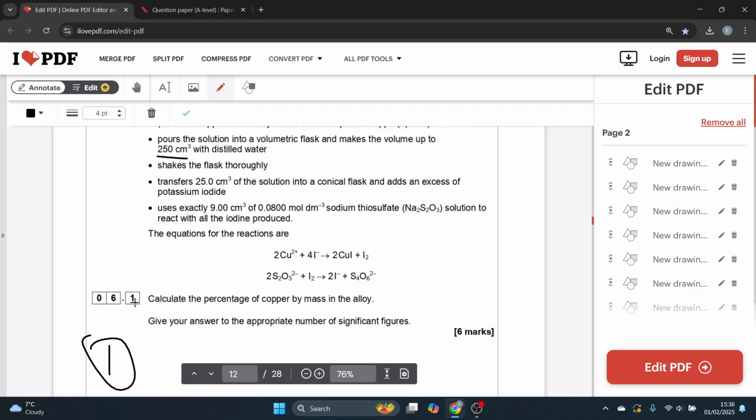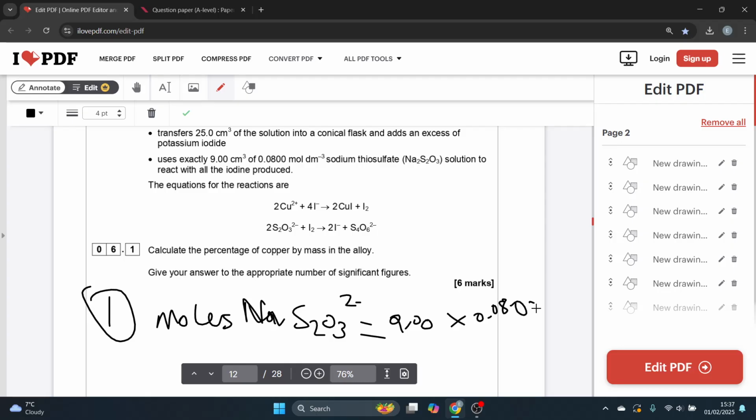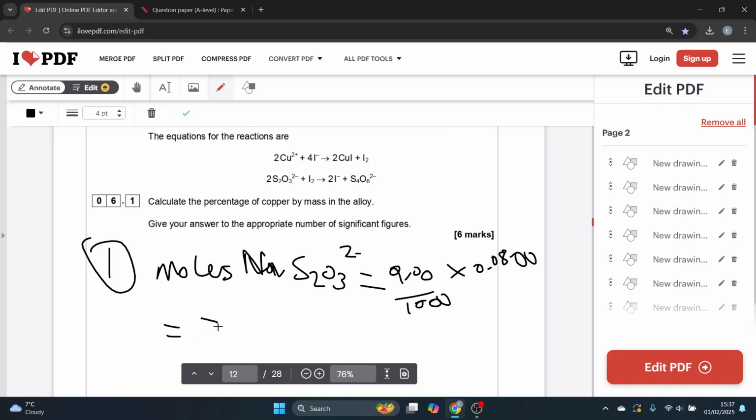Okay, so look at the moles of S2O3 2-: 9.00 times 0.0800, divided by 1000 to convert into moles per dm cubed. That will give me 7.20 times 10 to the power minus 4 moles.